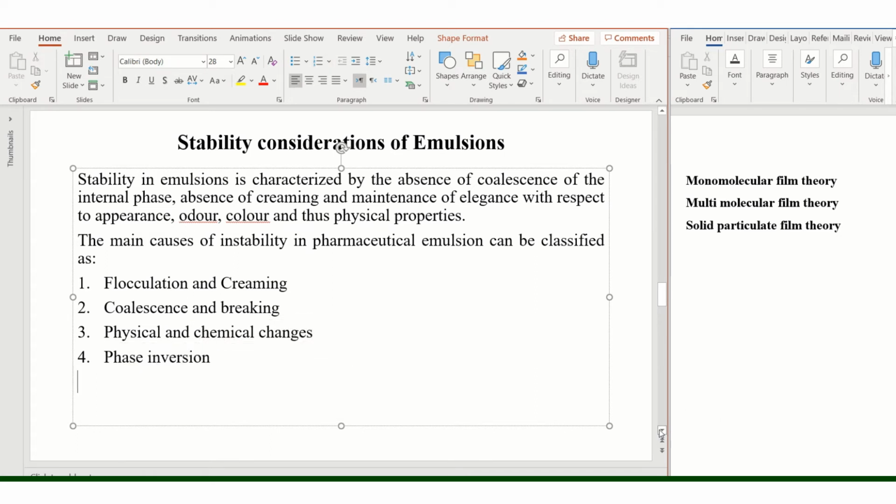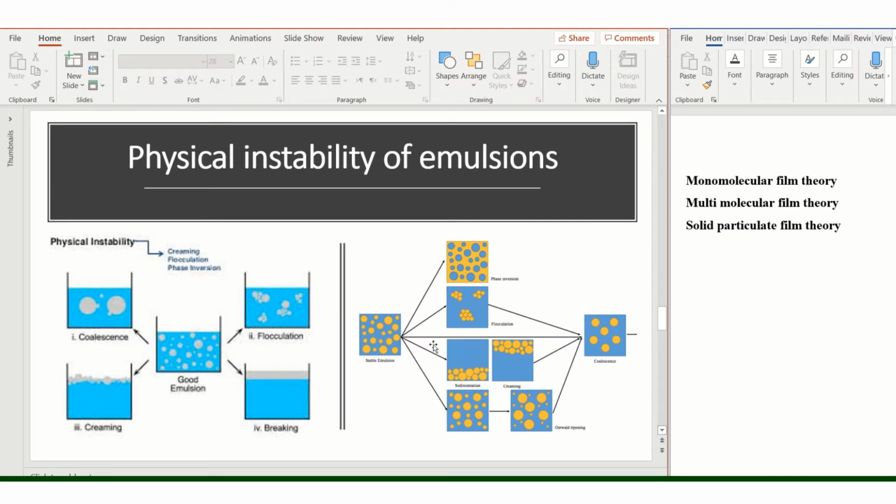Before that, let's see a chart which shows the physical instability of emulsion. So when we look at the chart, this is the good emulsion where the two different phases are dispersed uniformly, right? We are able to see oil droplets dispersed in the aqueous phase. These globules or droplets are not fused together, they are evenly dispersed.